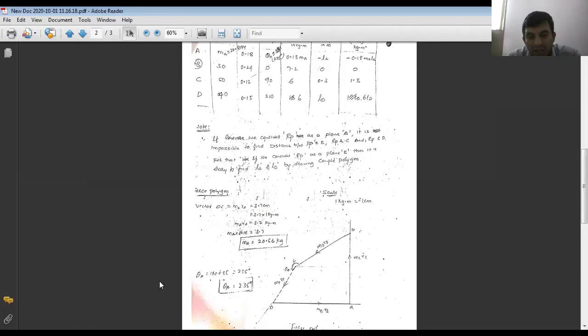Those who completed the force polygon, transfer that MA and theta A value to the table. To the table you transfer, then you go for calculation. See the couple polygon. Then you go for drawing the couple polygon.